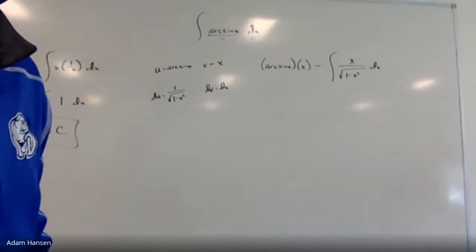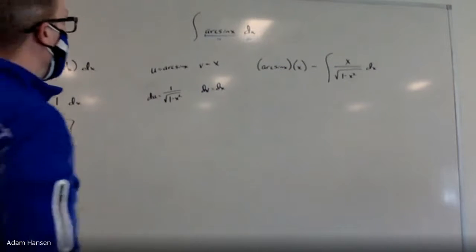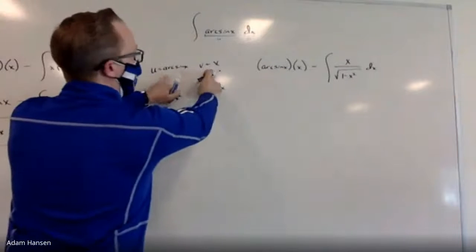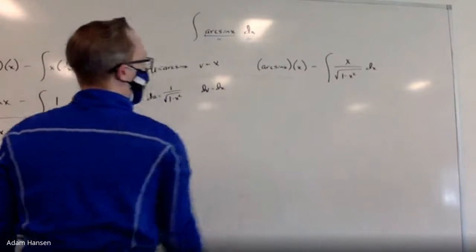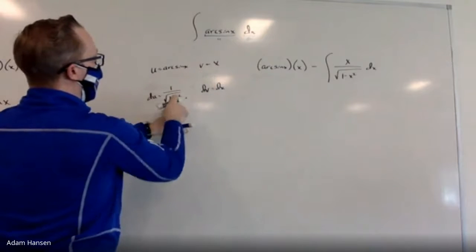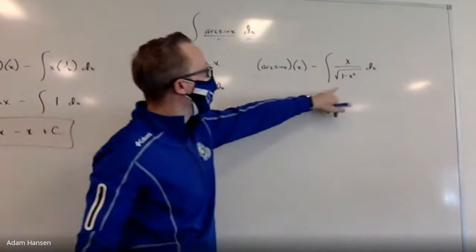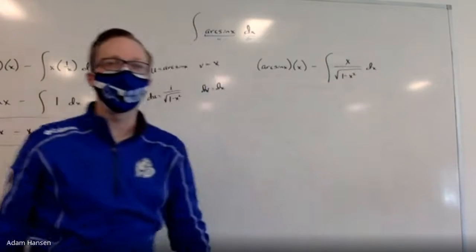Slide that over here. Now it's in frame. Sorry about that. Took u times v, x times arc sine x that you're seeing here, minus the antiderivative of v du. Multiply these two together: 1 over root 1 minus x squared times x, written together, is x over root 1 minus x squared.